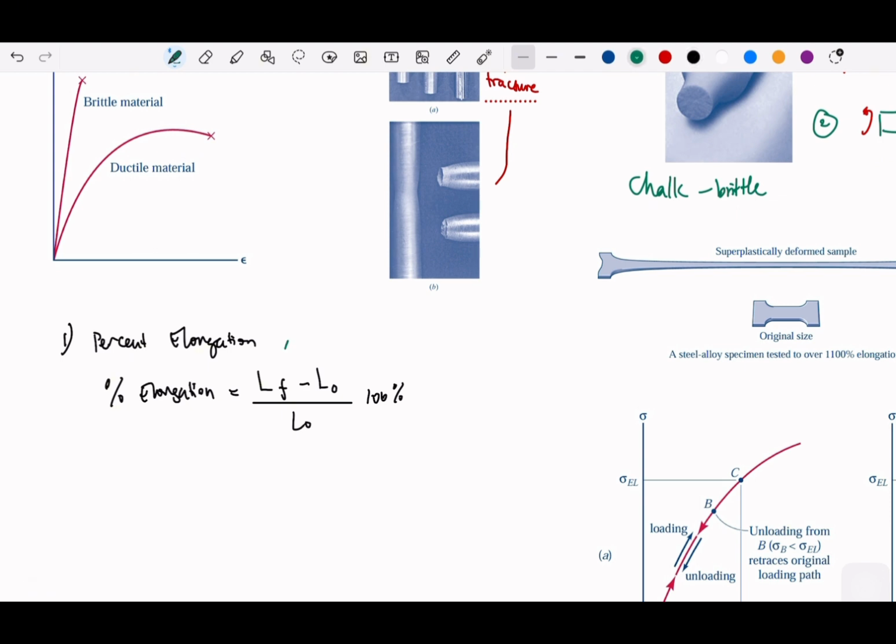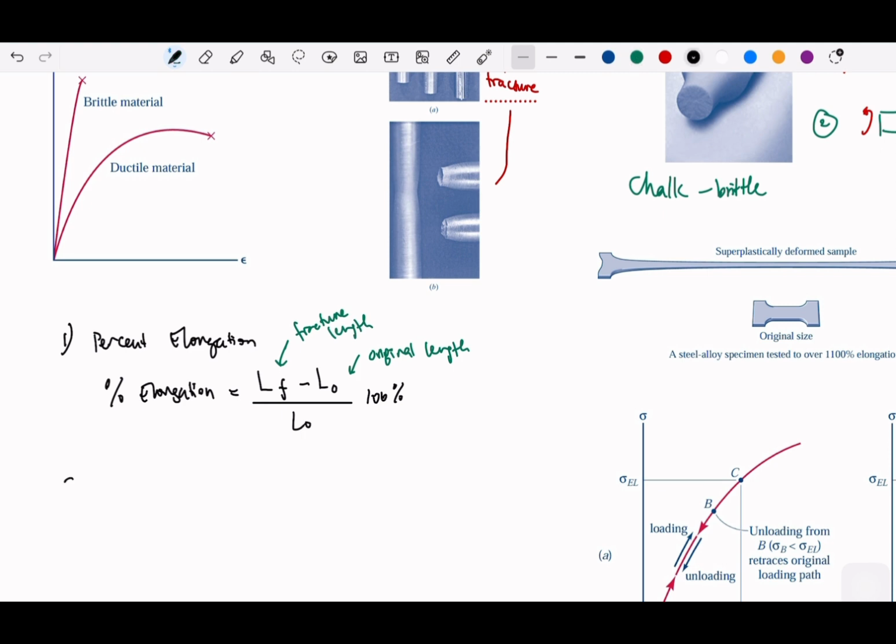This is, let's say, the fracture length. This is the original length, or we say the gauge length.